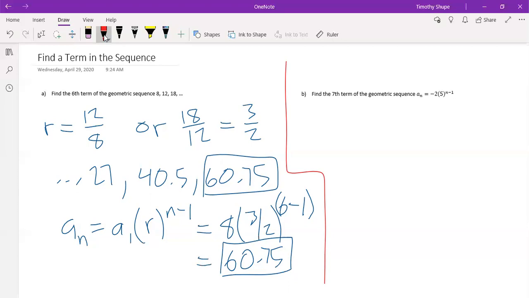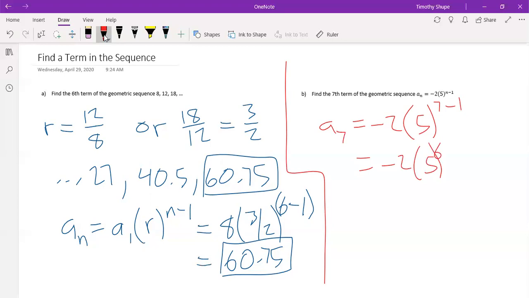We can just plug in that 7 to get the seventh term. So a7 is equal to -2 multiplied by 5 raised to the 7 minus 1. So that's really going to be -2 times 5 to the 6th.